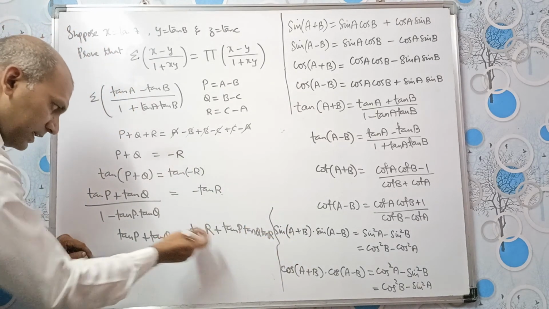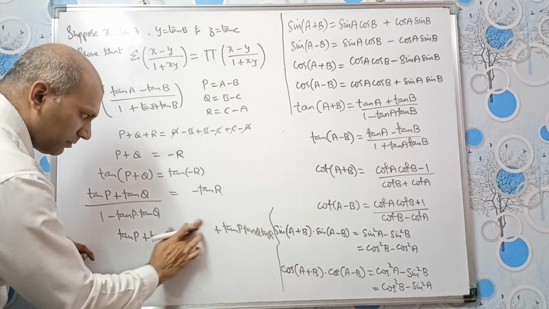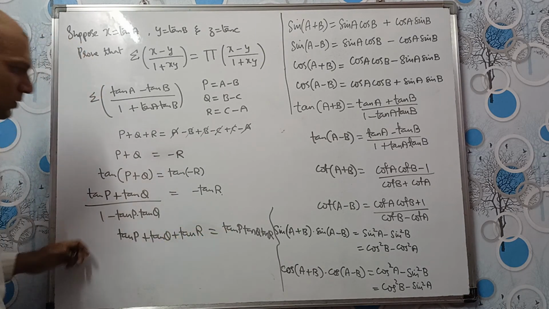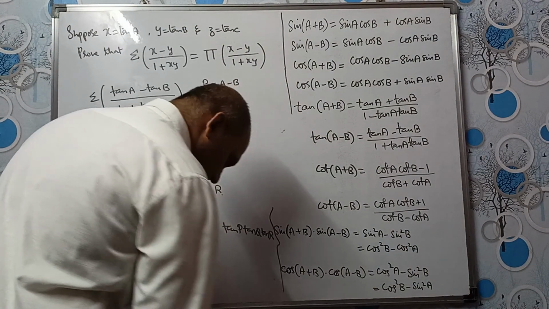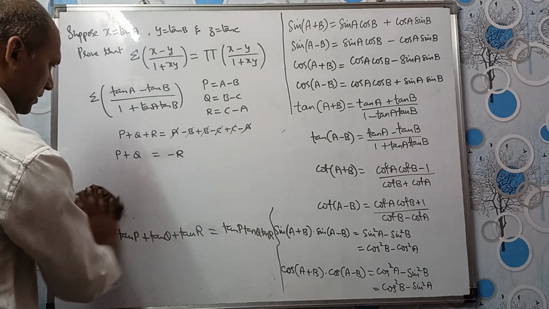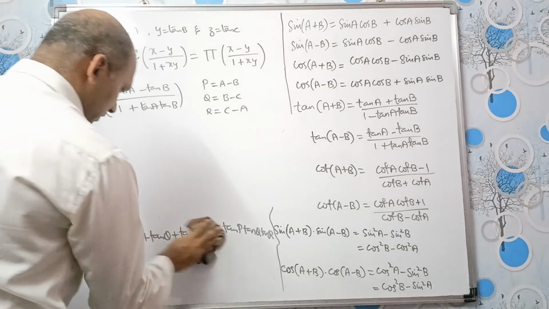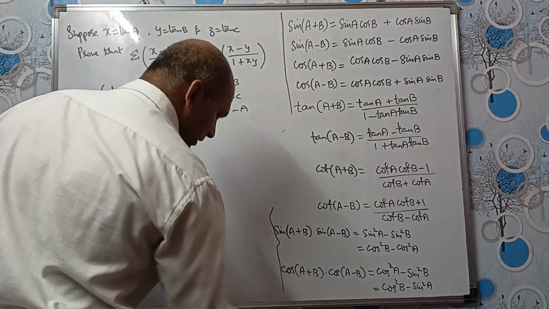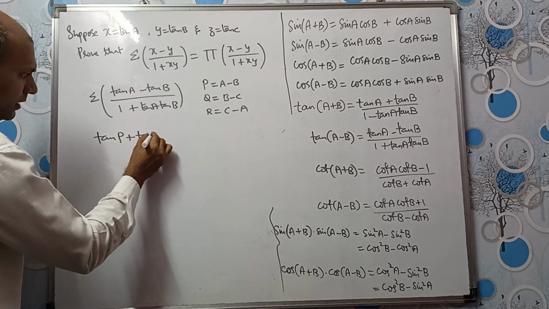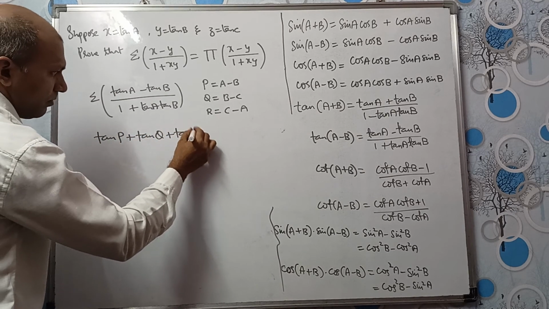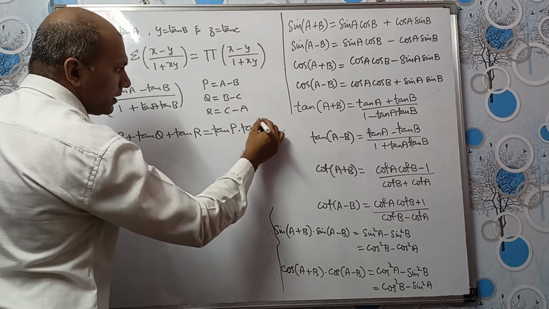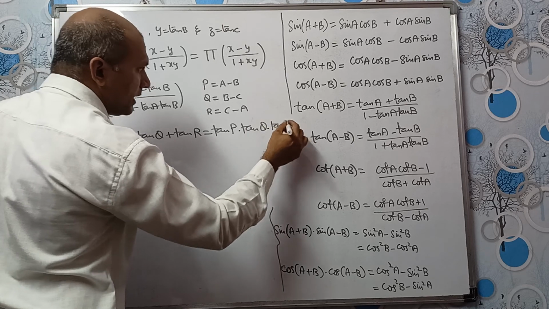So send tan R this side, it will become plus tan R is equal to this much. Now see here, what do we have? We got the answer: tan P plus tan Q plus tan R is equal to the multiplication tan P tan Q tan R, right?